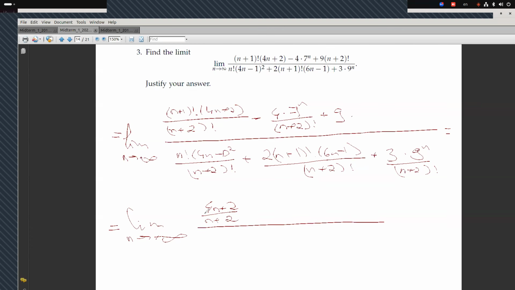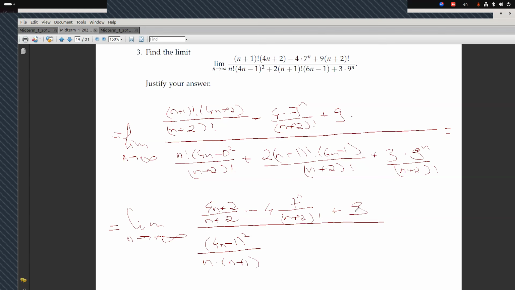We will come back to this term. The second, no need to simplify: it's just 7^n divided by (n+2)!. Plus 9. On the numerator, n! divided by (n+2)!, for (4n-1)^2 divided by, what's left is n times (n+1).